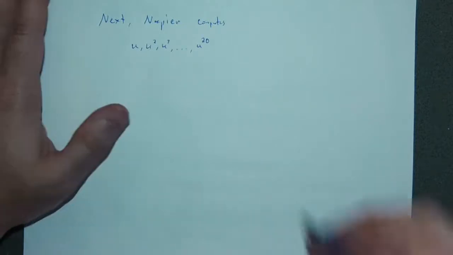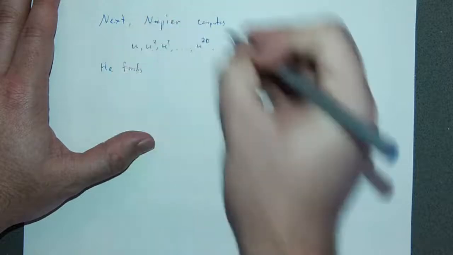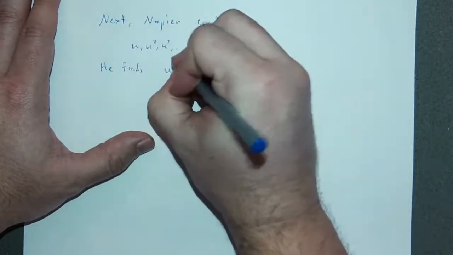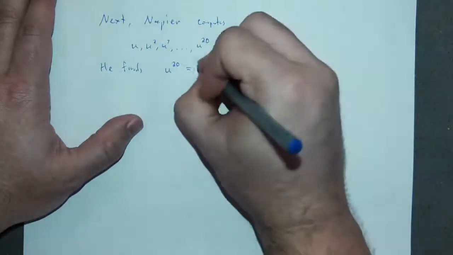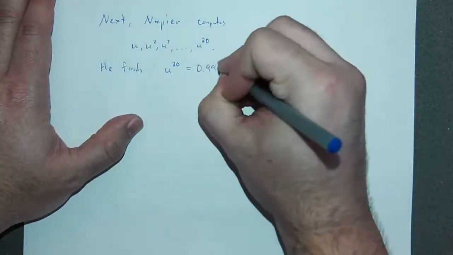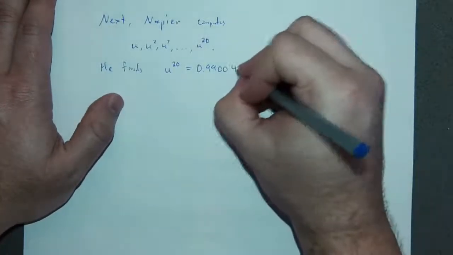He finds, after he's done this computation, that U to the 20 is equal to 0.990047358.